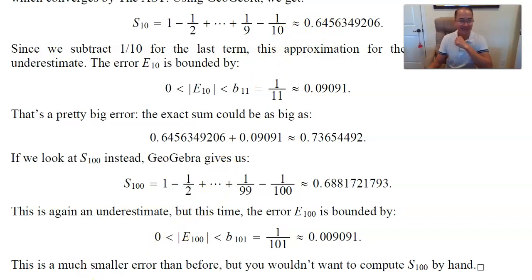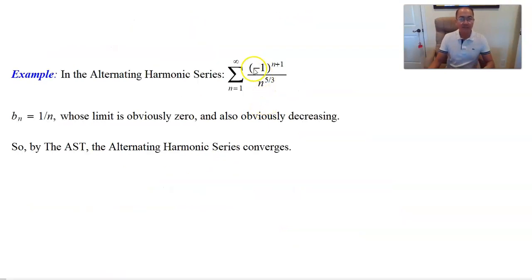I'm going to show you. Okay, so the alternating series is, of course, just minus 1 to the n plus 1 over n, alternating harmonic series. So we know that this converges by the AST, and I'm going to show you exactly what is the exact value of this infinite series.